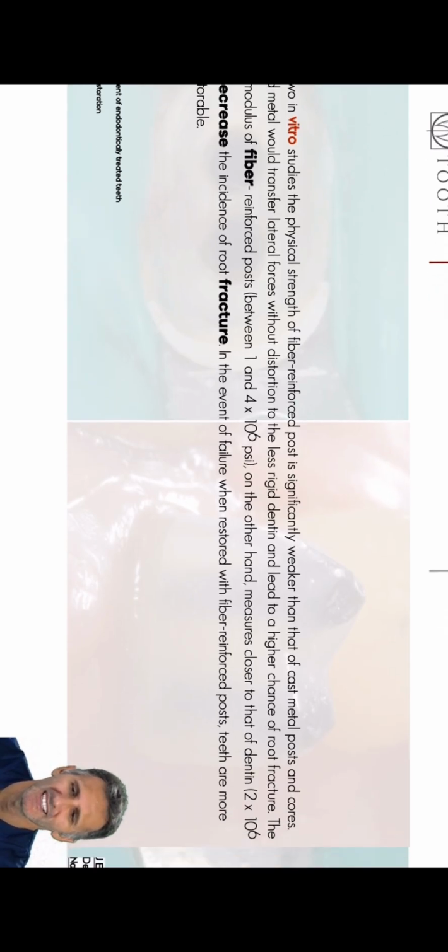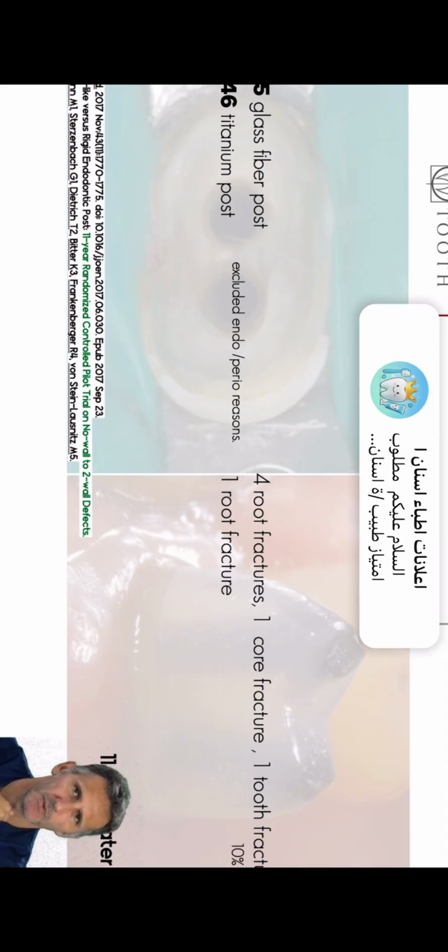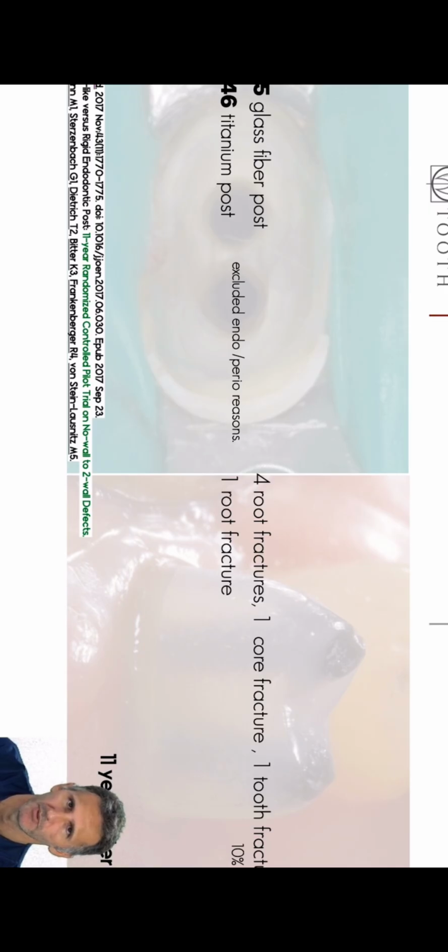But the strange thing is that if we look at follow-up cases, let's look at this article: dentin-like versus rigid endodontic post at 11 years. Randomized controlled pilot trial on no wall to two wall defect, so teeth with a good compromission. We look at the same sample, 45 glass fiber posts and 46 titanium posts.